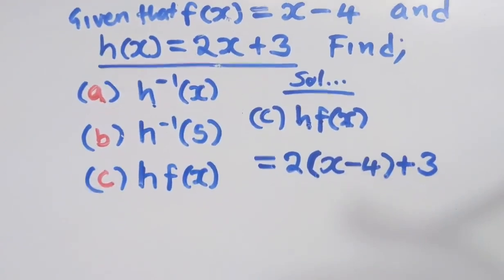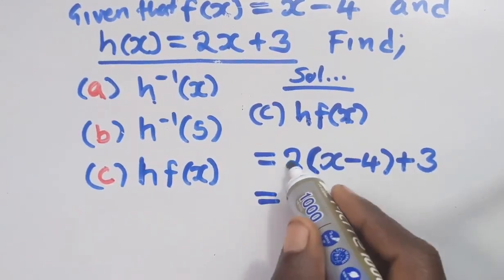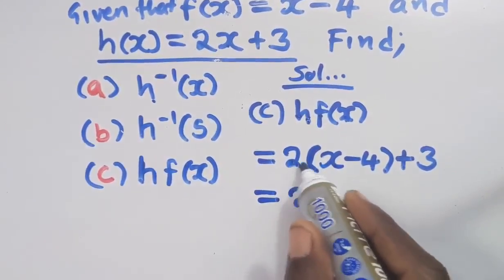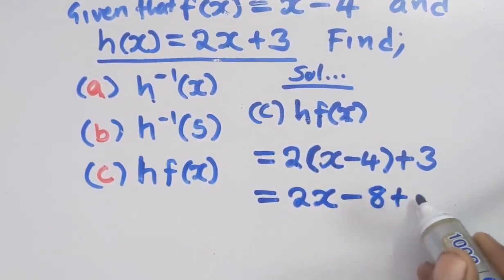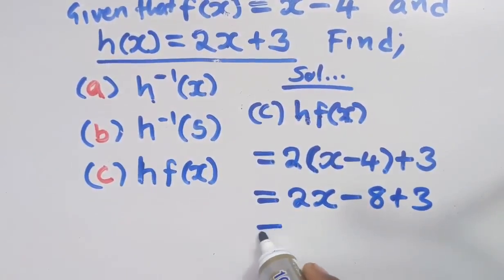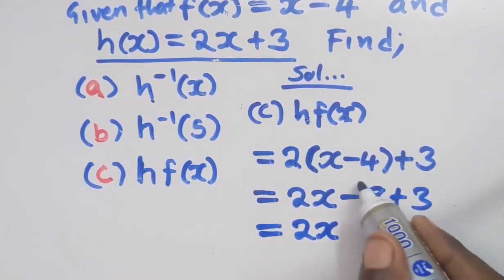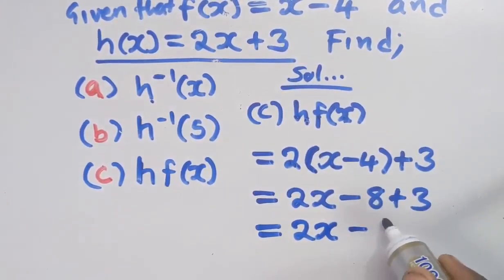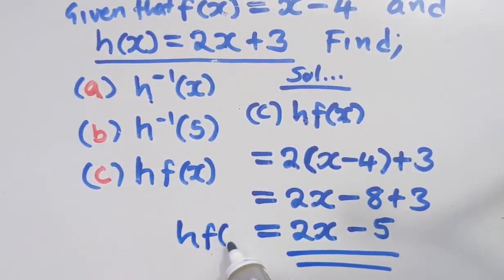So 2 times x is 2x, then 2 times negative 4 is negative 8, then plus 3. It is equal to 2x, and when you work this out, you have negative 5. So this is your h f of x.